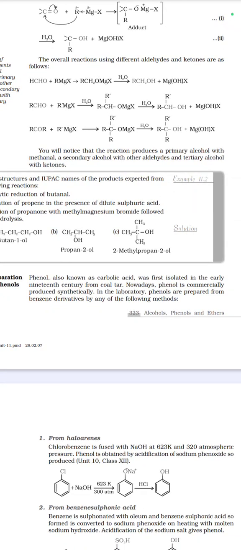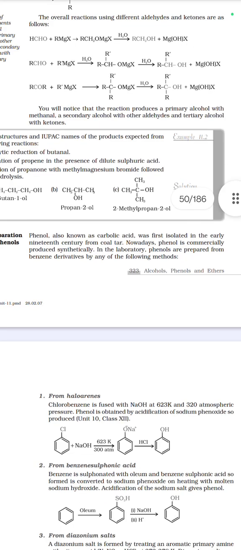HCHO plus RMgX gives RCH2OMgX, which gives RCH2OH plus MgOHX in presence of water. RCHO plus R'MgX gives RCHR'OMgX, which gives RCHR'OH plus MgOHX in presence of water.